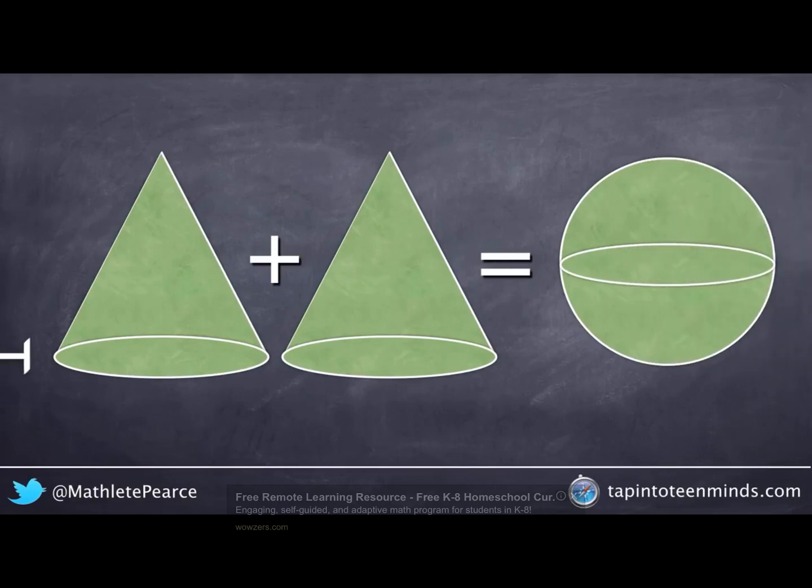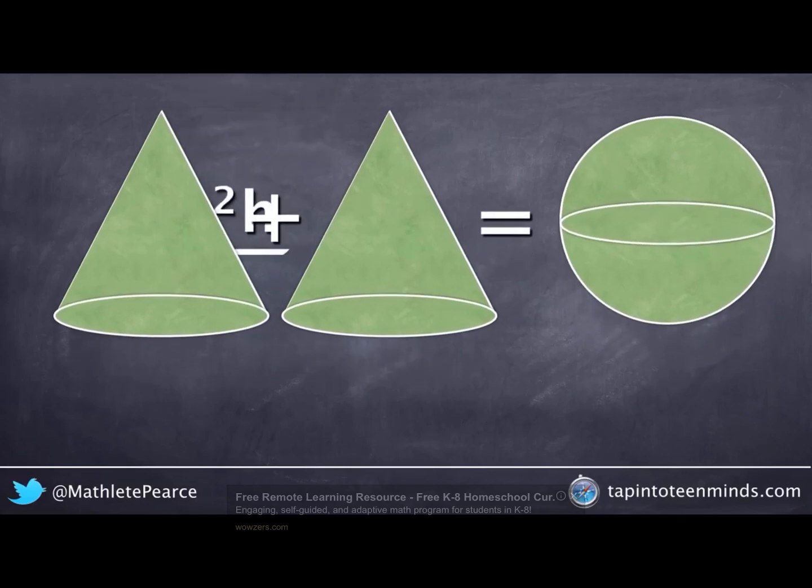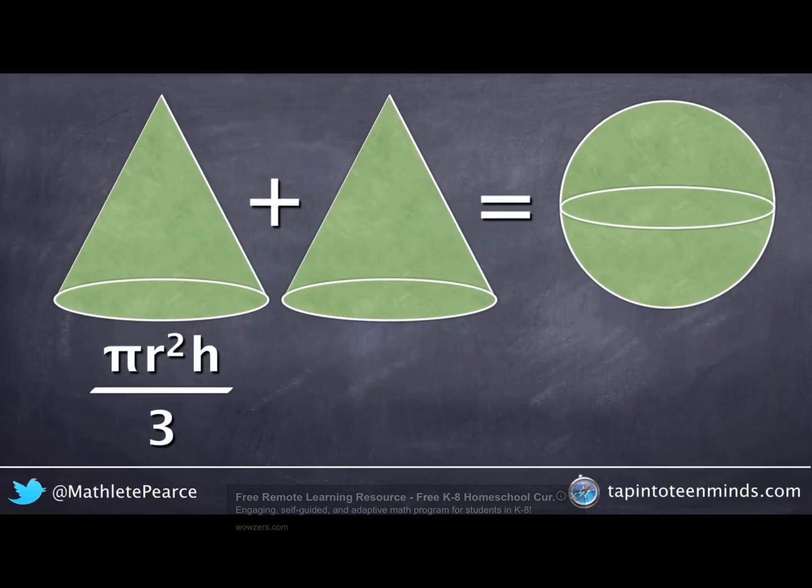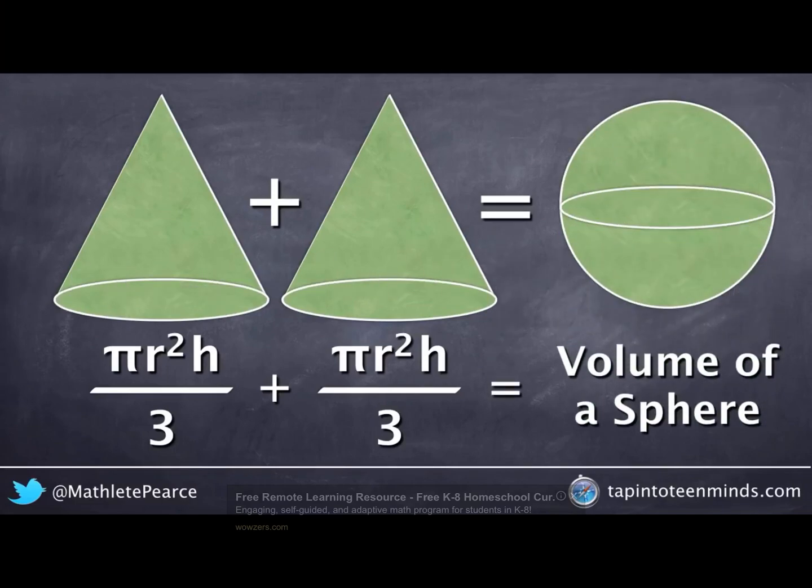And the radius of the two cones would be also the same as the radius from the sphere. So what this really means is that we could find the volume of one of these cones and simply add another volume of a second cone to determine the volume of a sphere.